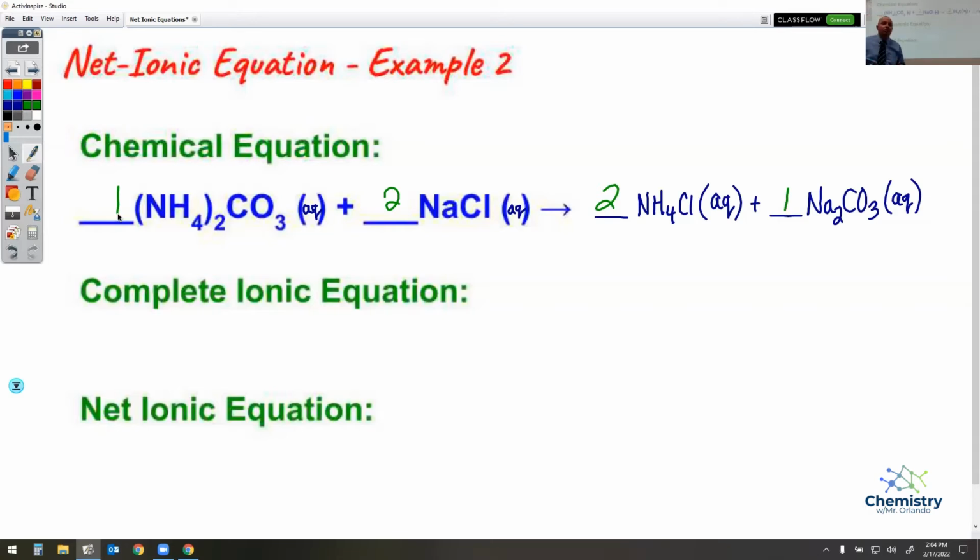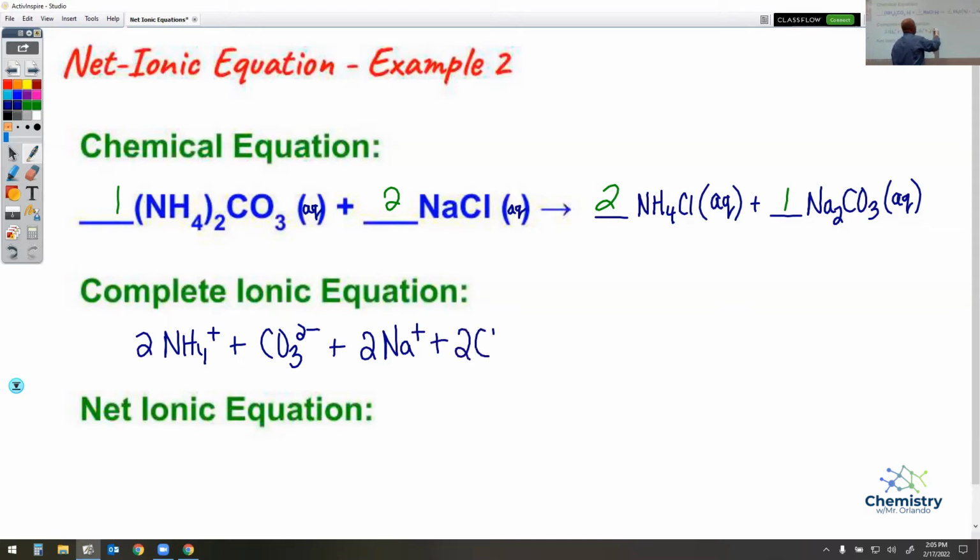Now, writing our complete ionic equation will result in 2 NH4 plus ions plus 1 carbonate ion plus 2 sodium ions plus 2 chloride ions. On the product side, we'll have 2 NH4 plus ions plus 2 chloride ions plus 2 sodium ions plus 1 carbonate ion.